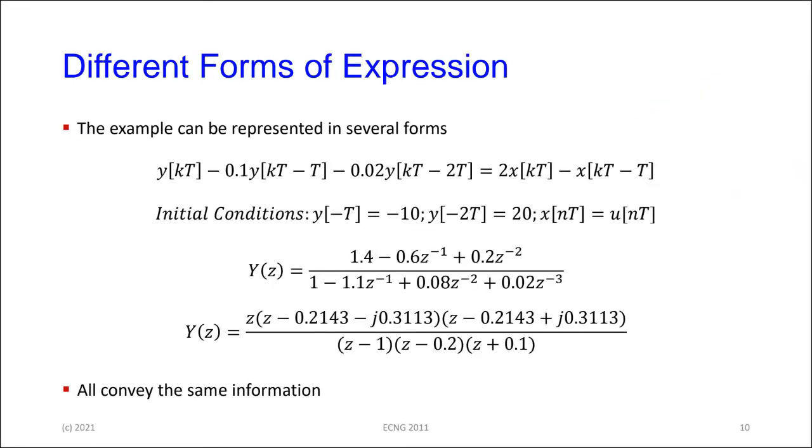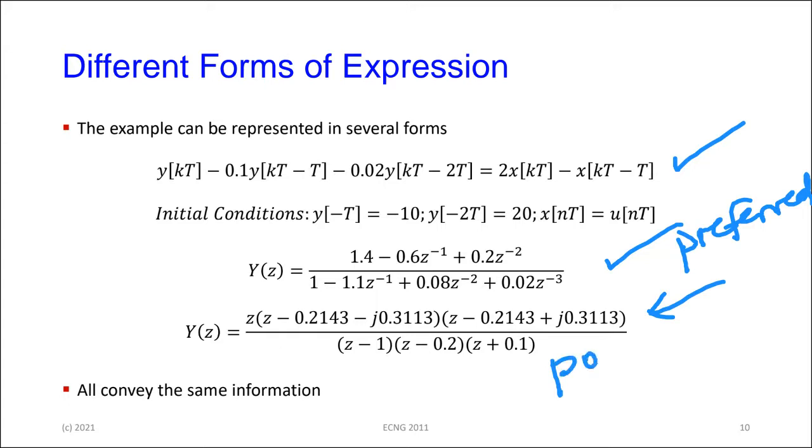So again, like we had in the other transforms, we now have different ways of representing things. The discrete time system can be represented by a difference equation. It can be represented when you Z transform it in terms of negative powers of Z, which is preferred, or you can express it in positive powers of Z, and this is what they call the pole zero form.